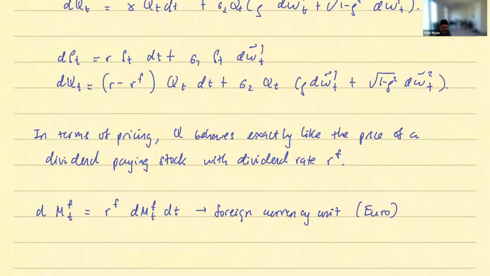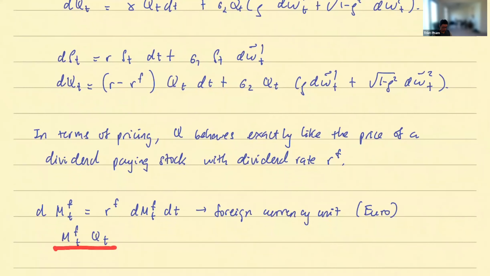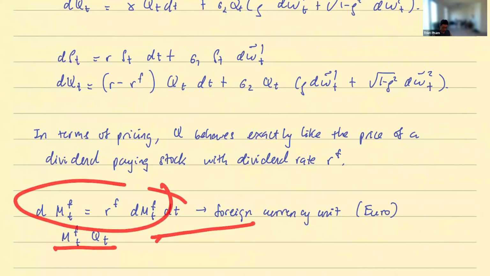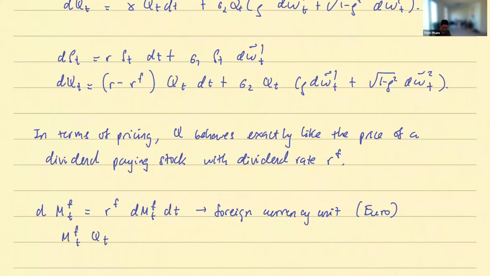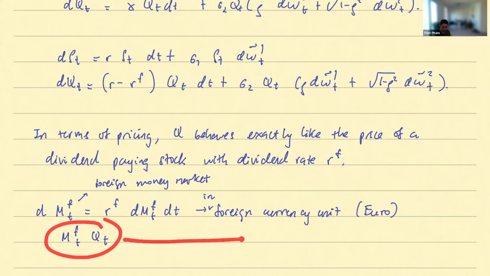We don't want to invent another name, but basically it is the value of the foreign money market in US denomination. You can call it X, for example. It is exactly the value of the foreign money market.